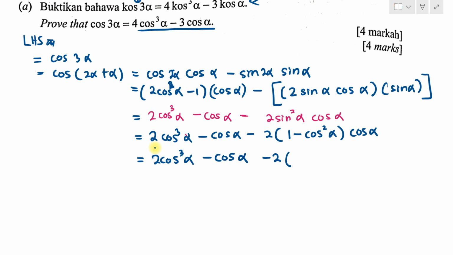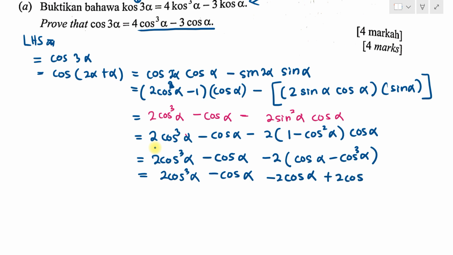Okay, I think we multiply the cos alpha first. Cos alpha minus cos alpha cos cube alpha. So what do we get? 2 cos cube alpha minus cos alpha minus 2 cos alpha, minus minus becomes plus 2 cos cube alpha.